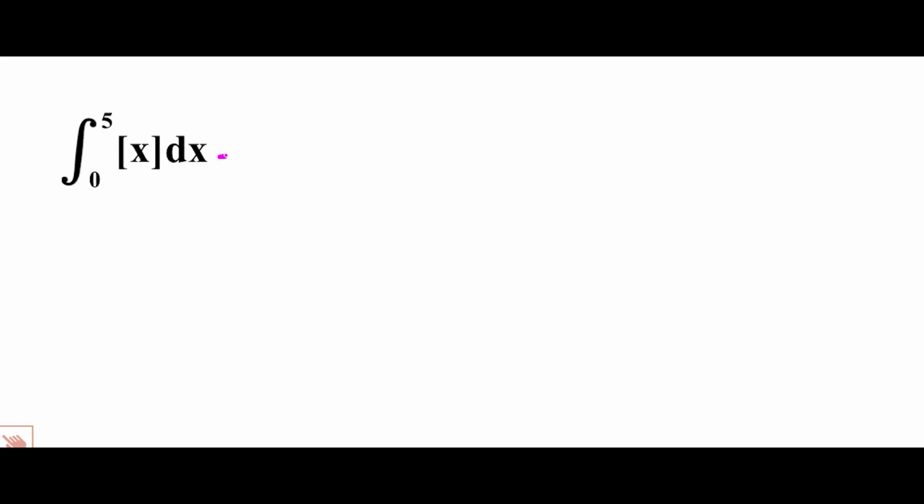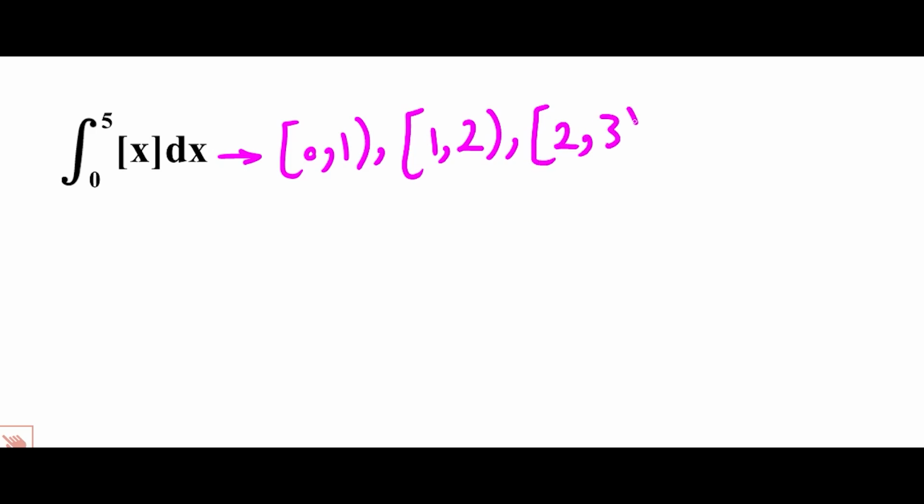We split into intervals where the greatest integer is constant. So we have 0 to 1, 1 to 2, 2 to 3, 3 to 4, and 4 to 5.